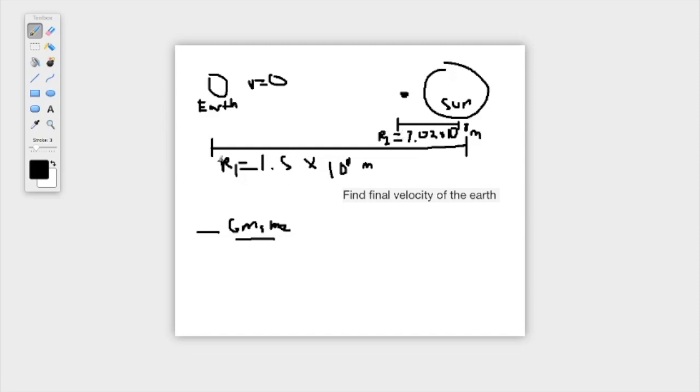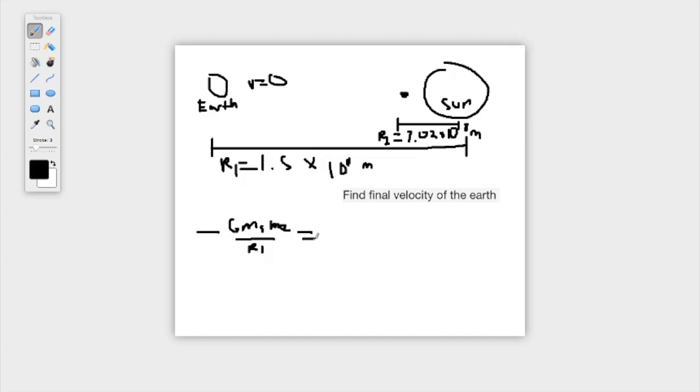Basically, initially they are R1 meters apart, and it's at equilibrium. It's not moving initially, so 1/2 mv squared initially would be 0.